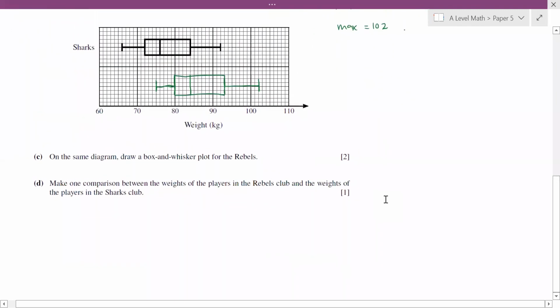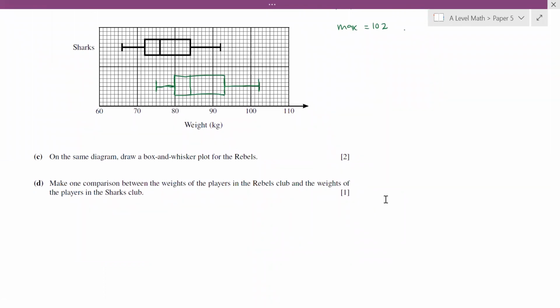Part D, make one comparison between the weights of the players in the Rebels club and compare it to the Sharks. Now this part is for Rebels. And you notice that the entire box plot for the Rebels is slightly to the right of that for the Sharks. From here, you can see that if you compare the median, the median for the Rebels is greater than the median for the Sharks.